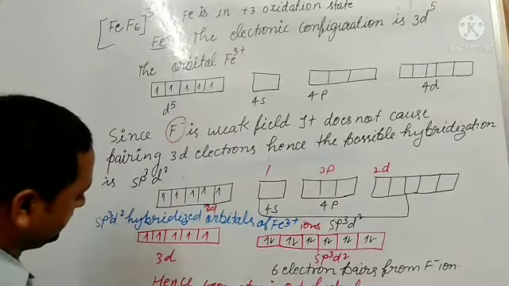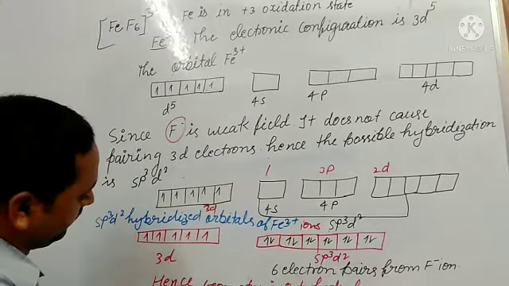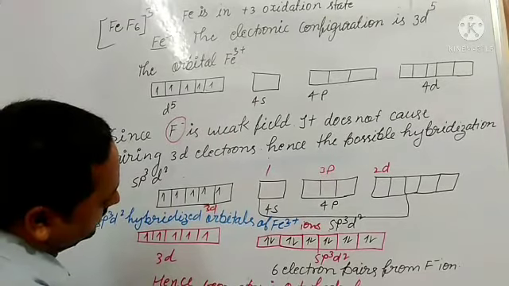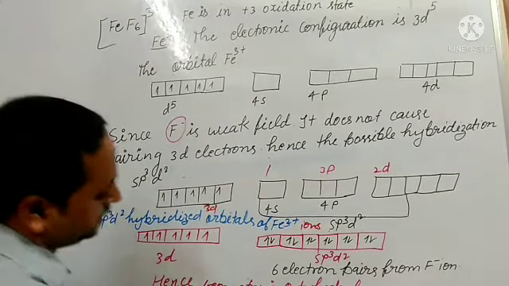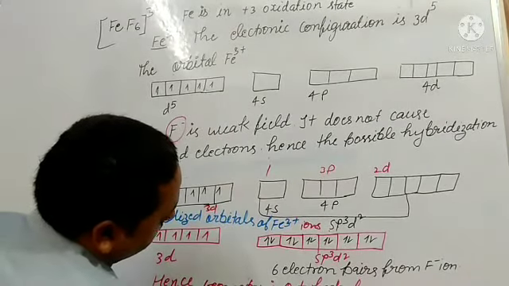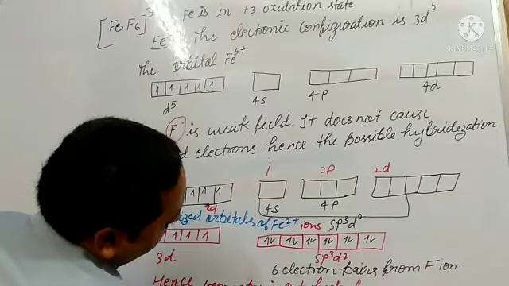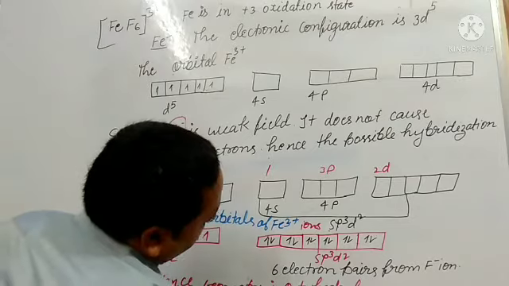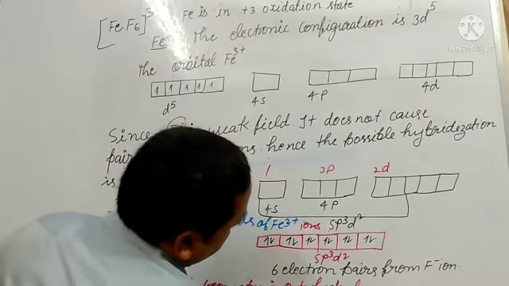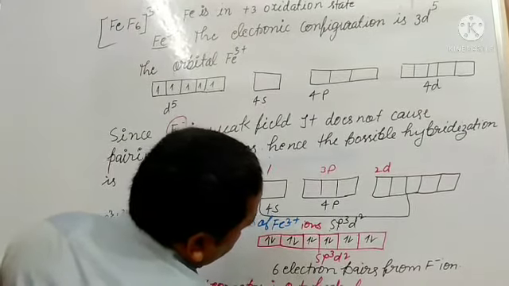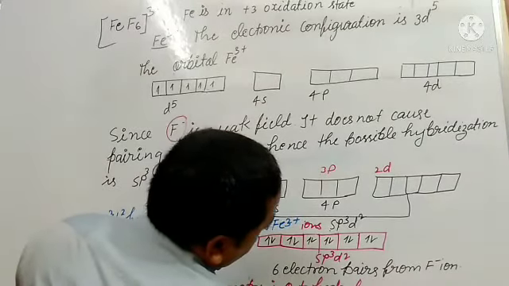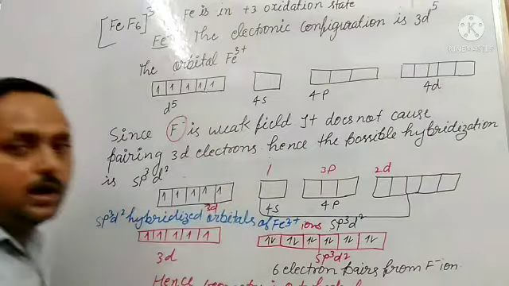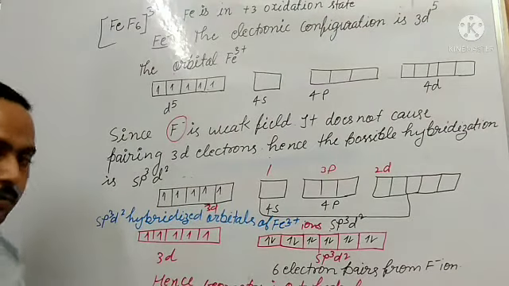It is paramagnetic due to presence of unpaired electrons. So what did we get here?